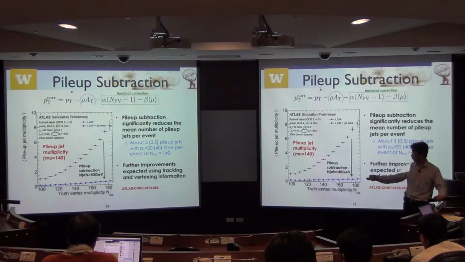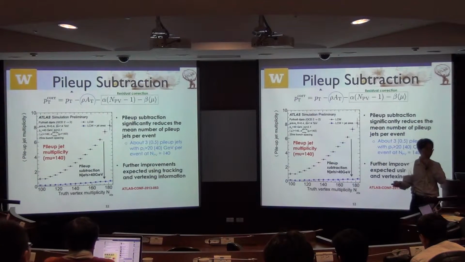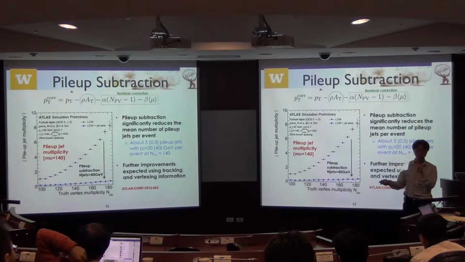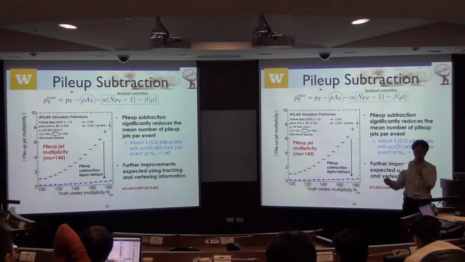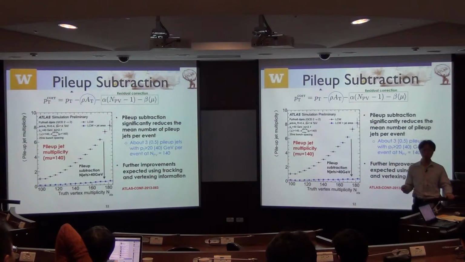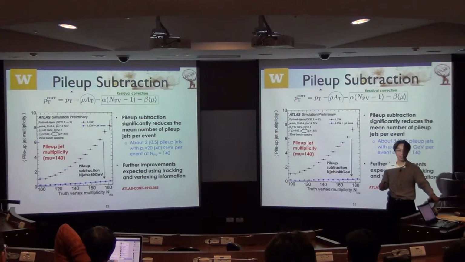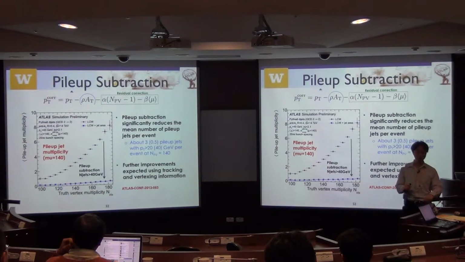So this can echo the question that Xiangnan asked earlier in the morning, how we control the pile-up when we go to the future high energy and high luminosity scheme. But yeah, this is simulation. So that means we have to verify this with real data when we have that.